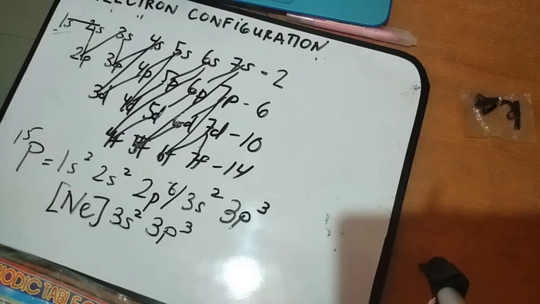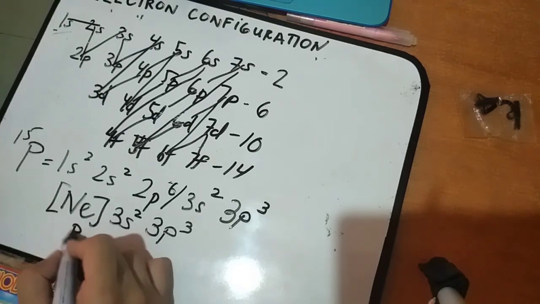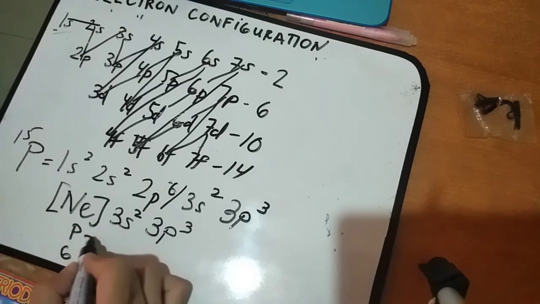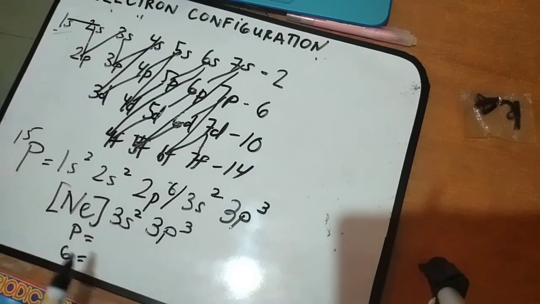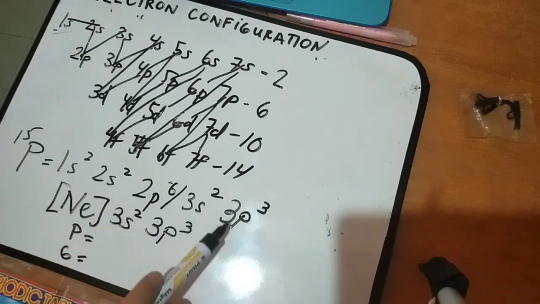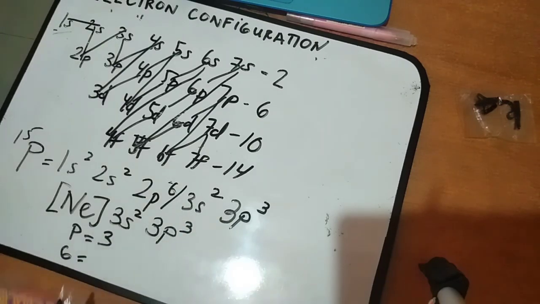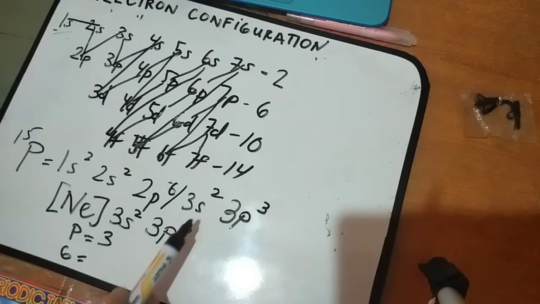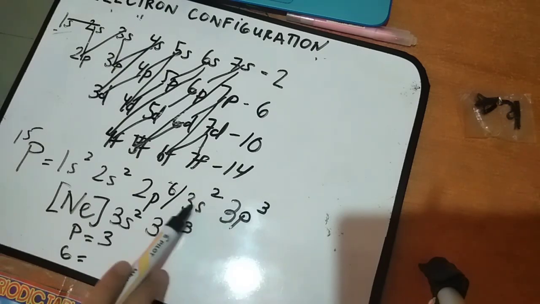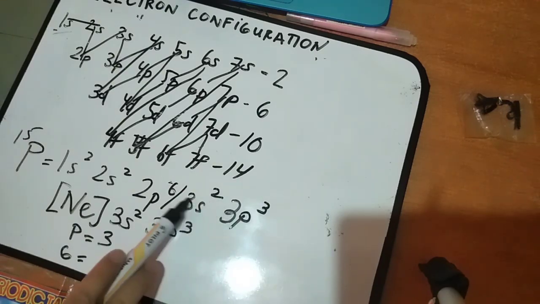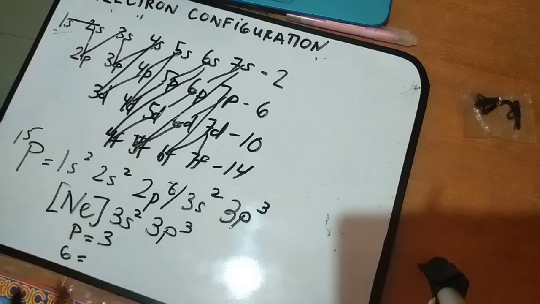So, anong period and group? Titignan natin. What would be the period and the group? So, period, the maximum energy level, which is 3. And then, sabi nga, yung outermost electron. So, we reach the third energy level, add them together, 2 and 3.